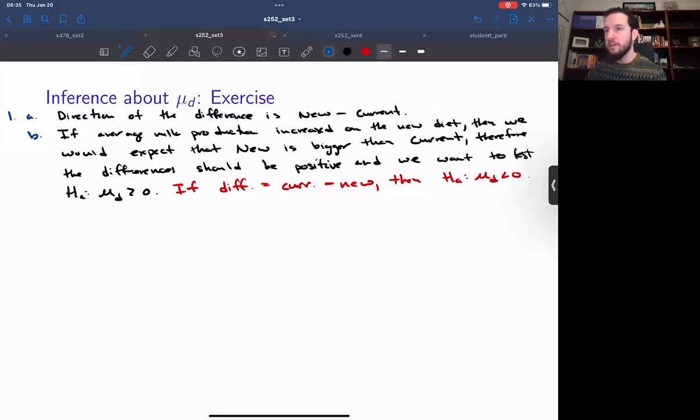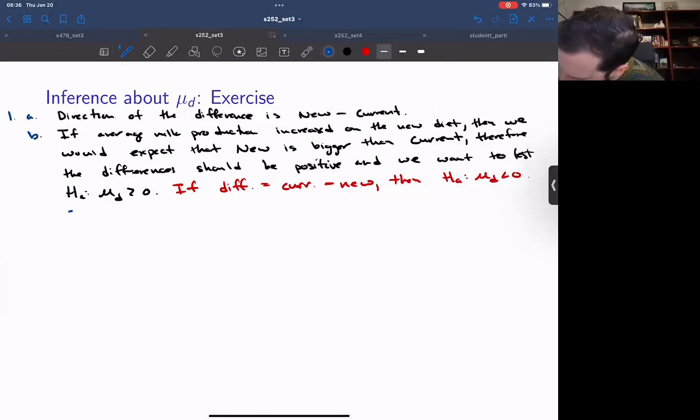And then you can just run the test in the other direction and you'll see that you get the exact same result. So regardless of which way you do it, it doesn't make a difference in the result. You can compute the differences in either direction and still test the exact same thing. But what's interesting about this paired structure is the direction in which you compute the difference actually determines the direction of the alternative hypothesis.